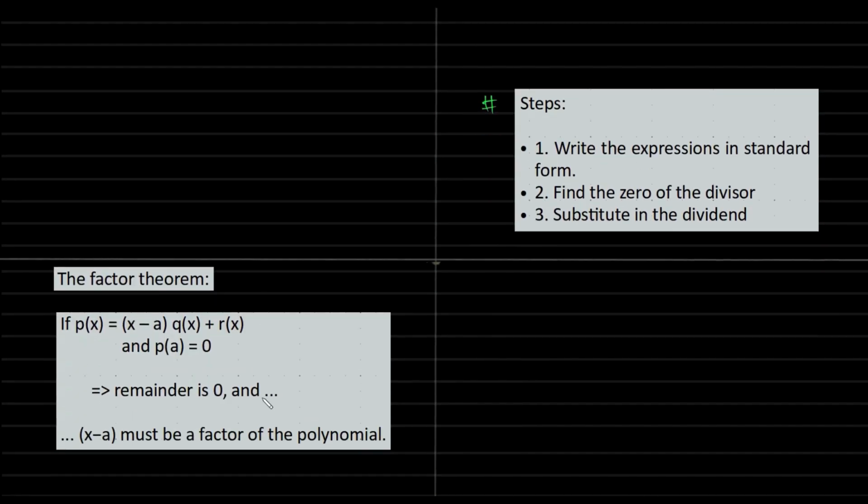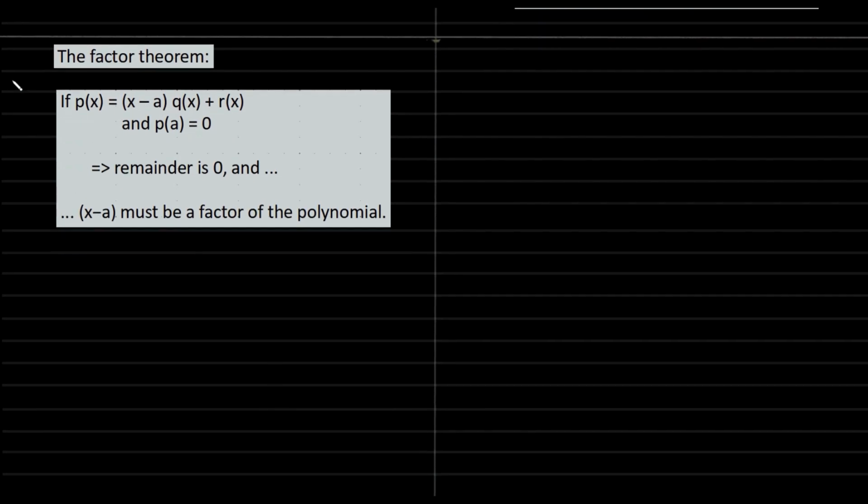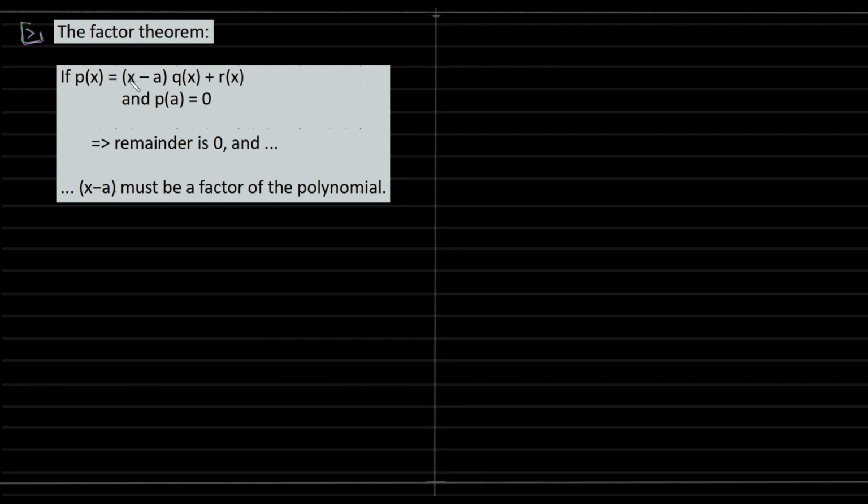Okay. Extended form of this particular theorem is your factor theorem. So factor theorem talks about this. If we do the division and at the end the remainder happens to be 0, then the one which divided is a factor of the polynomial. I'll explain it this way.